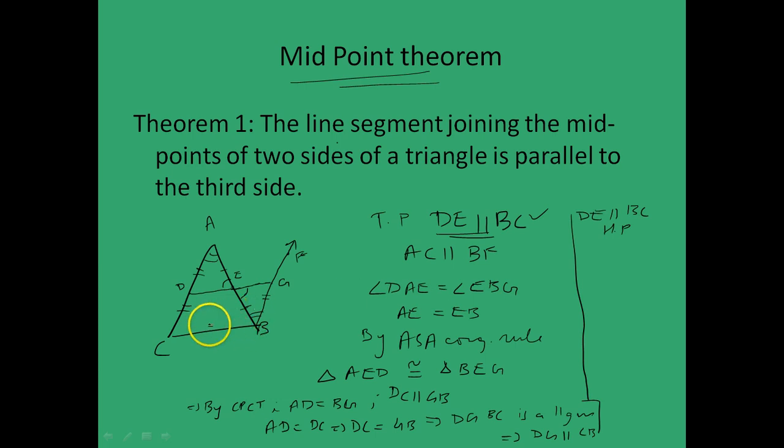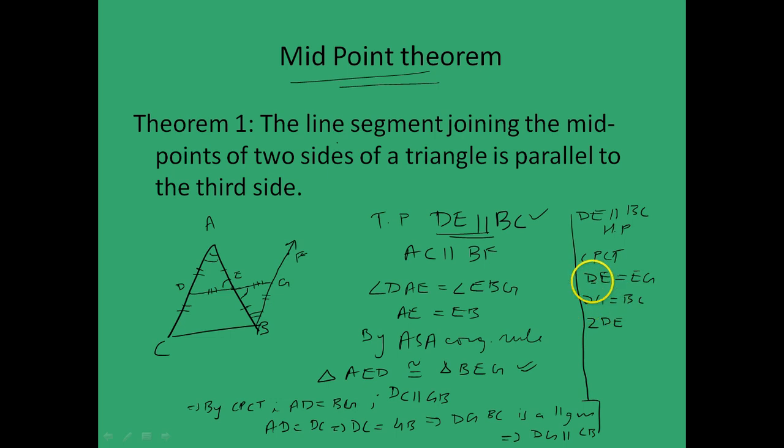Another important consequence of this would be that again by CPCT, this is the congruency condition, we have DE is equal to EG. And so therefore, because DGBC is a parallelogram, DG is equal to BC.